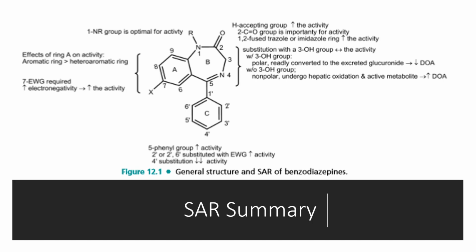Before we move on, let's talk about the different parts of our benzodiazepine. So our benzodiazepine is made out of three rings, primarily A, B, and C, which is separated from B as opposed to ring A, which is directly connected or fused with ring B. So the numbering system starts with nitrogen going towards the carbonyl group.